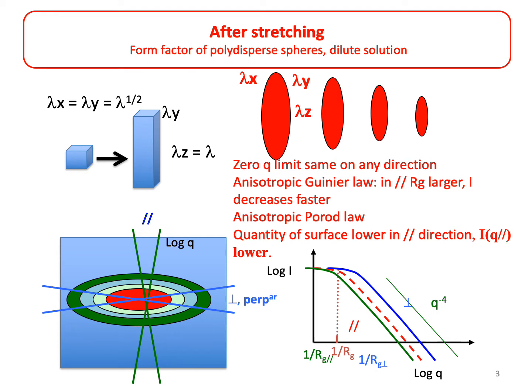So for all values of Q, the values of I are smaller in the stretch direction than in the normal one, and the intensity in the perpendicular direction is always larger.